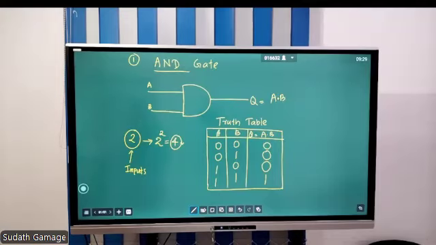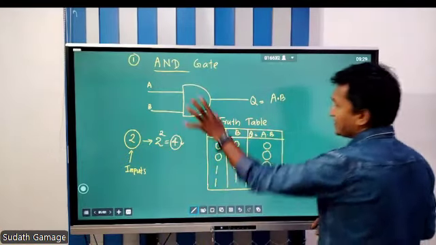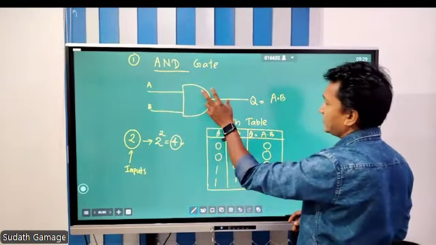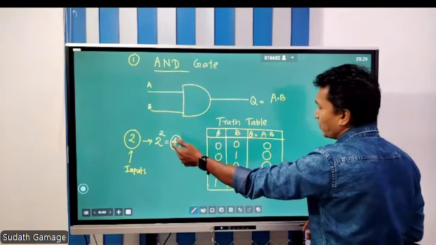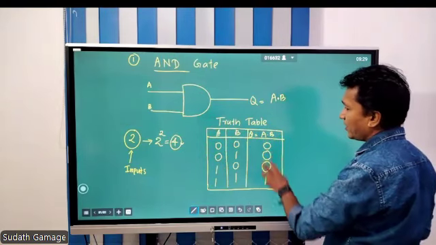Okay, that is the AND gate. So these are basic logic gates. When there are two inputs, there can be 4 combinations like this. Then we can write the relevant output.